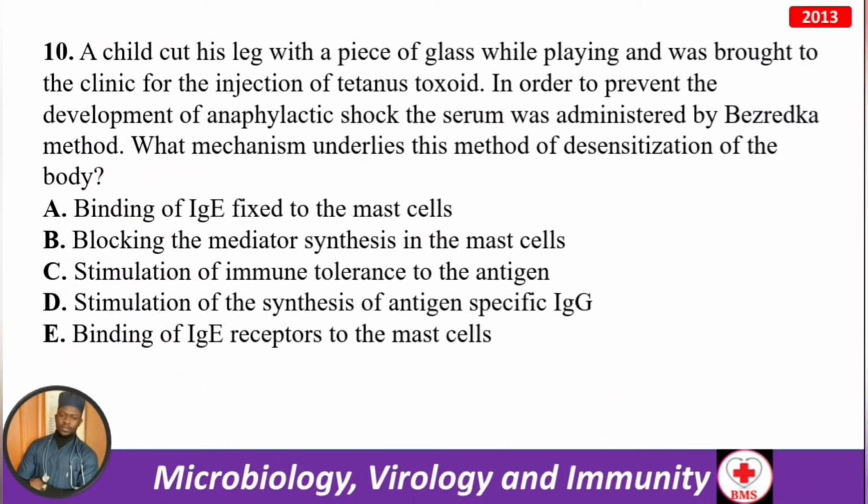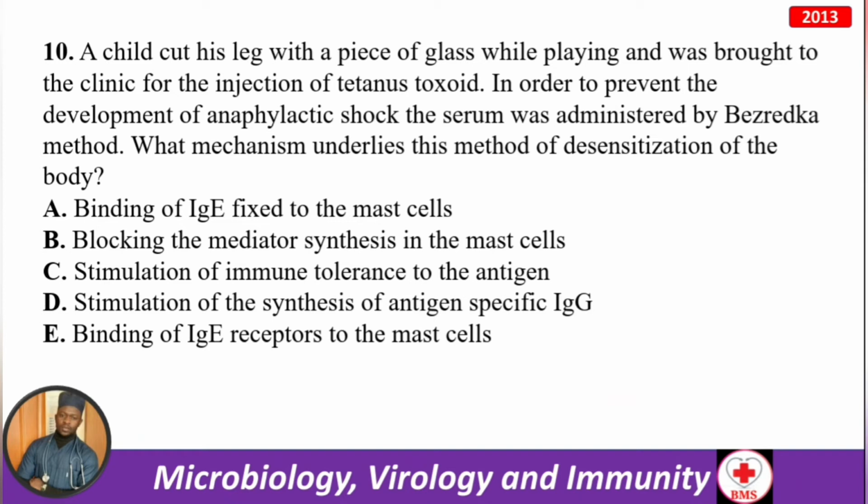A child cut his leg with a piece of glass while playing and was brought to the clinic for the injection of tetanus toxoid. In order to prevent the development of anaphylactic shock, the serum was administered by Besredka's method, right? What mechanism underlies this method of desensitization?